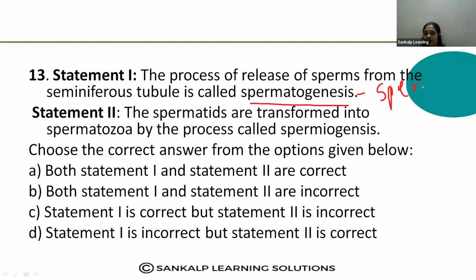Check the definition of spermiation. So statement 1 is incorrect. See statement 2, the spermatids are transformed into spermatozoa by the process called spermiogenesis. That is correct.